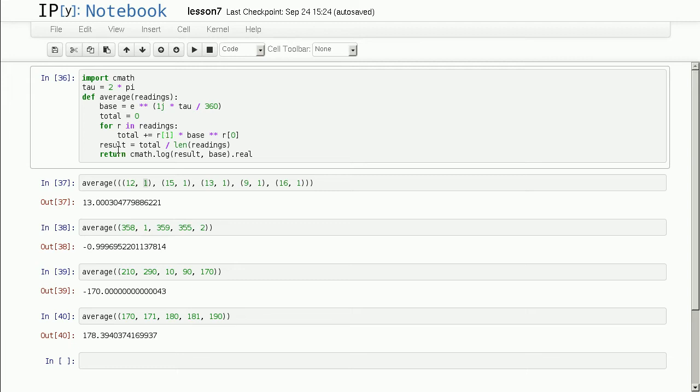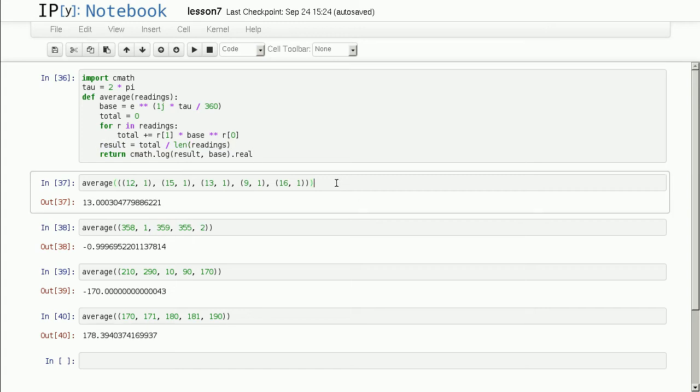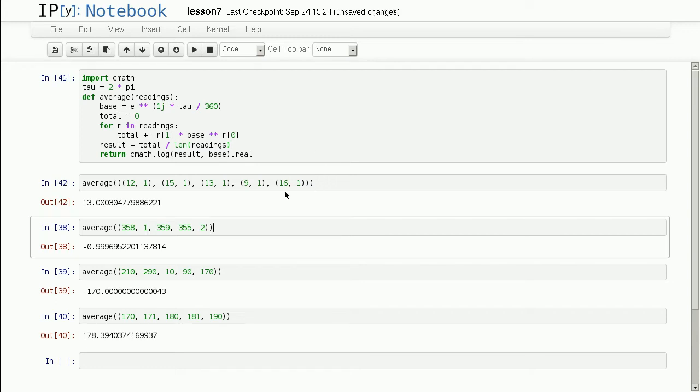And then I'm going to use the same approach, take a simple average of these vectors, and they're two-dimensional values, not one-dimensional values, and see what we get. So theoretically, this should give me the exact same result that it did before, and it did.